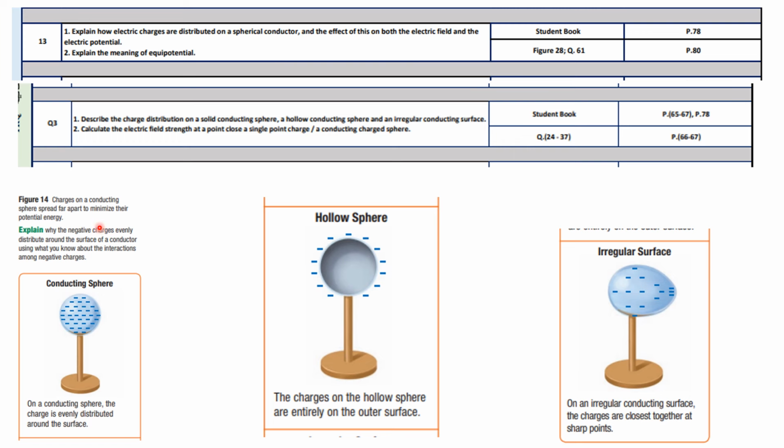Okay, so here we have to know, and here also describe the charge distribution of a solid conducting sphere, a hollow conducting sphere, and a regular conducting sphere, and calculate the electric field strengths. All right, so the first picture is talking about conducting spheres.